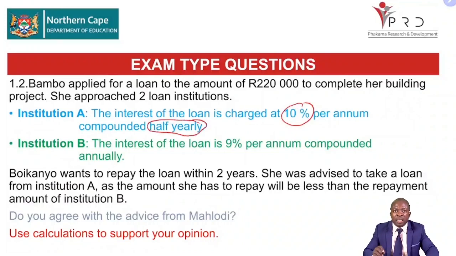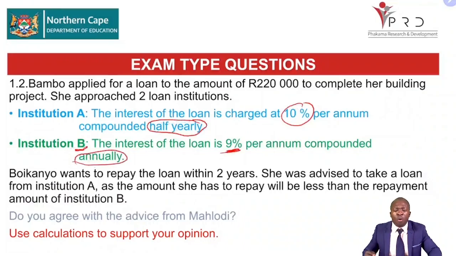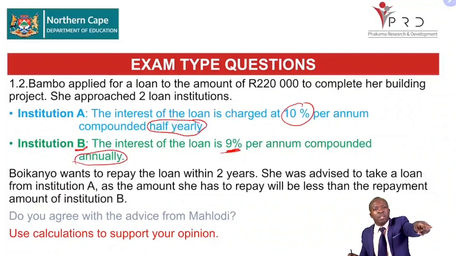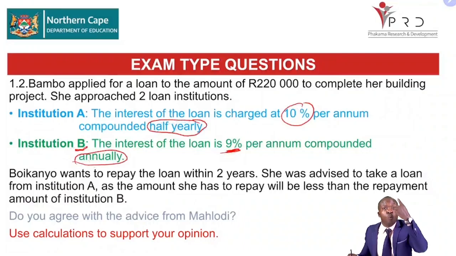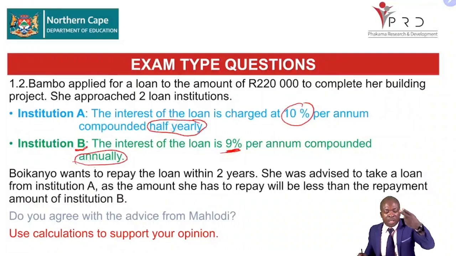When I circle like this, also take that paper which they have given to you, circle it, because that's how we work and make sure you improve. Then institution B said, our interest rate is only 9%, but it's compounded annually. Compounded annually, by the way, what does it mean? Yes, annually, you get it once a year. If it is half yearly, it means you're going to get it twice in the year.